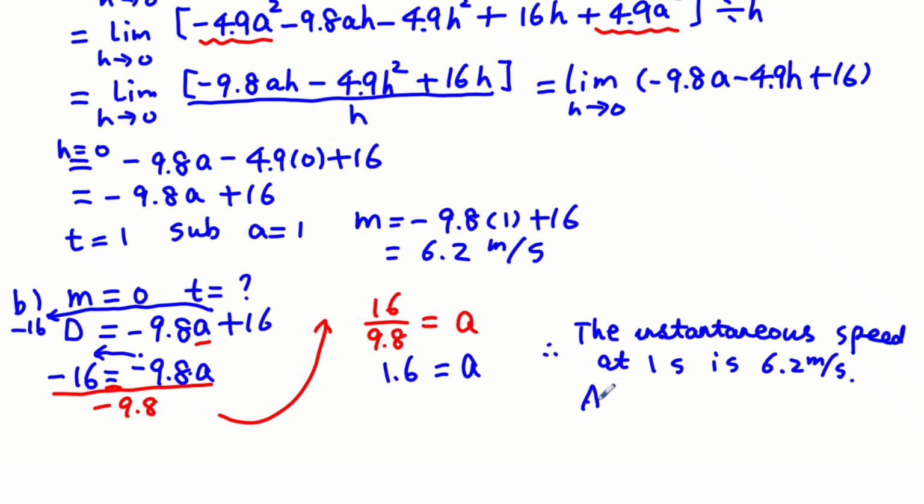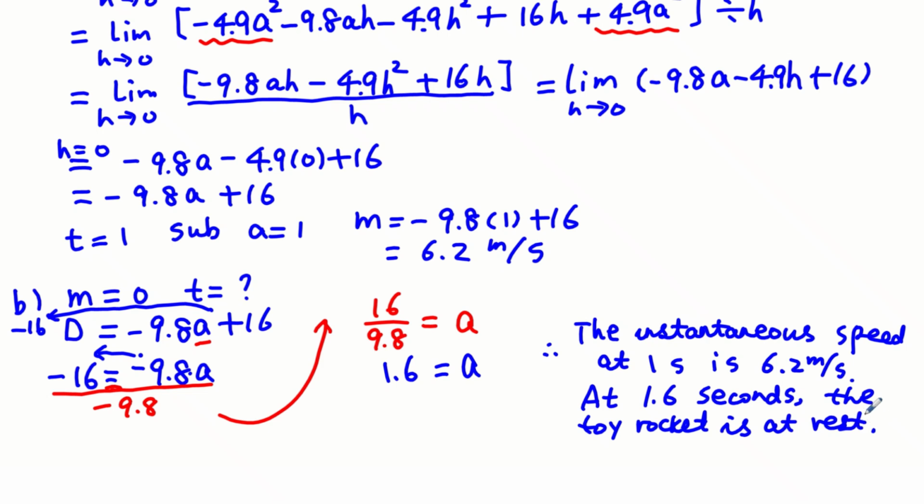At 1.6 seconds, the toy rocket is at rest. The instantaneous speed is 0, and that is when it's easier for you to catch it.